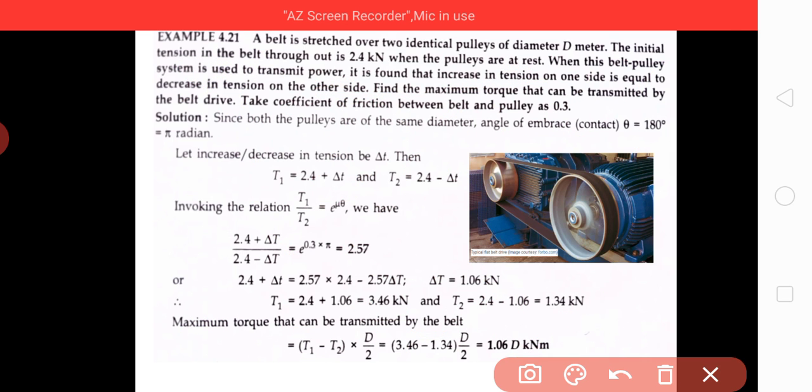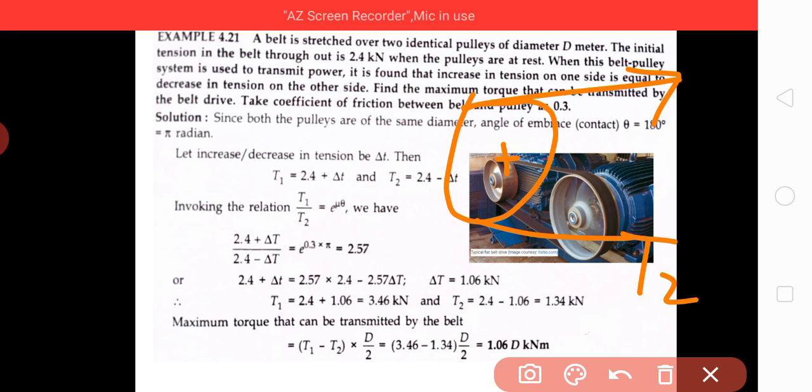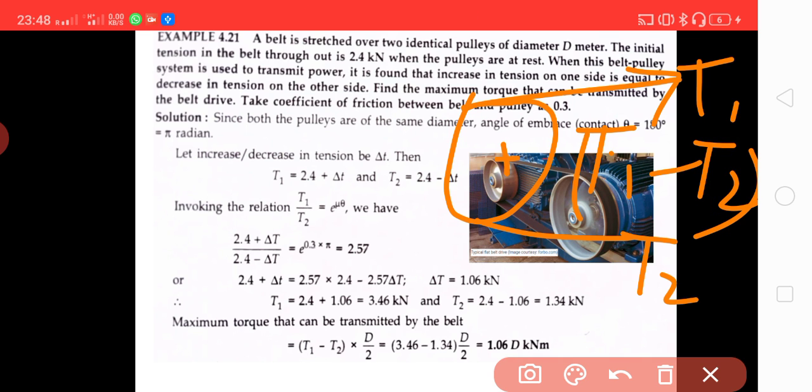Again, this is the pulley, this is the T1 side, this is the T2 side. Net tension which is giving the drive is T1 minus T2, and you might have remembered that I told you the turning moment of a force is called torque.